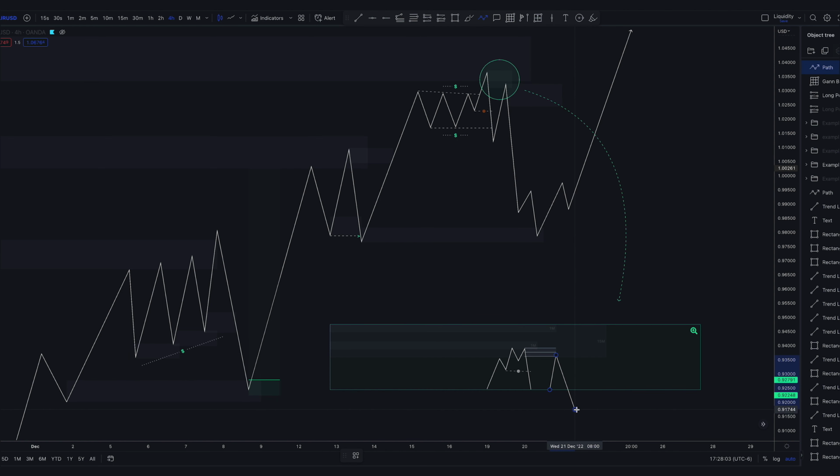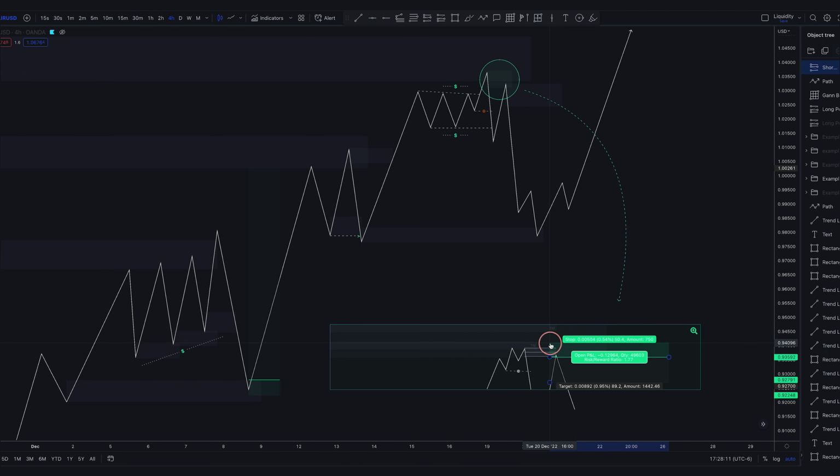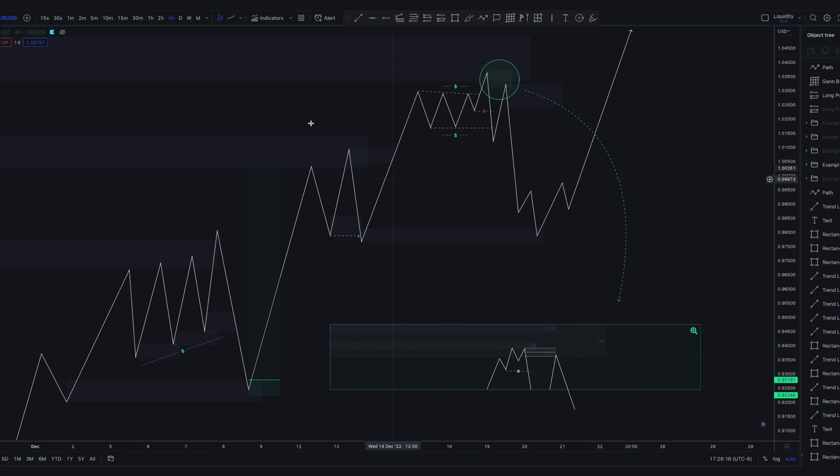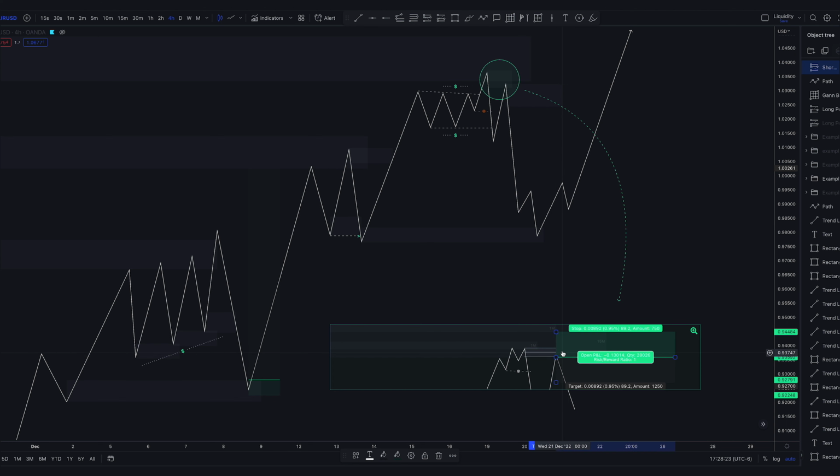So when we had the break here, you could possibly be looking to take a risk entry up here. I'll just break this box. You could possibly set your entry here, covering the highs. Oops, what did I do? I think I messed up. Okay, let me put this again.